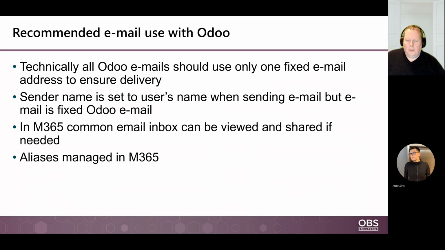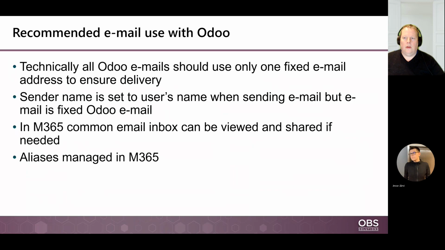So the principle essentially is that we recommend that Odoo emails should only use one fixed email address to ensure delivery. And then the sender name of the email is going to change according to the user who is logged in with Odoo.